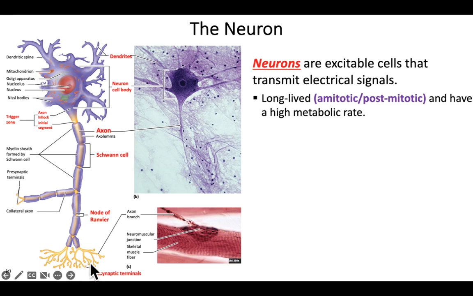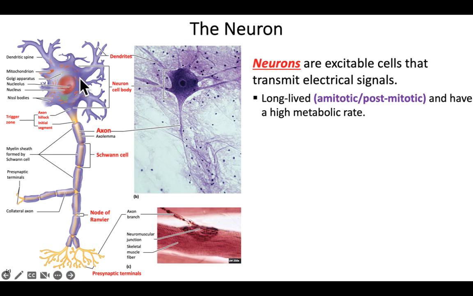Then at the very end of the axon, you're going to have these little presynaptic terminals, or we called them synaptic end bulbs when we learned about the neuromuscular junction. If this was a somatic motor neuron, these would all be neuromuscular junctions, for example, in this drawing here. But this neuron might not stimulate skeletal muscle, it might do something else.